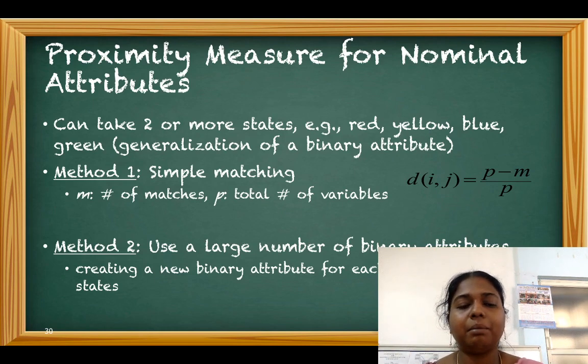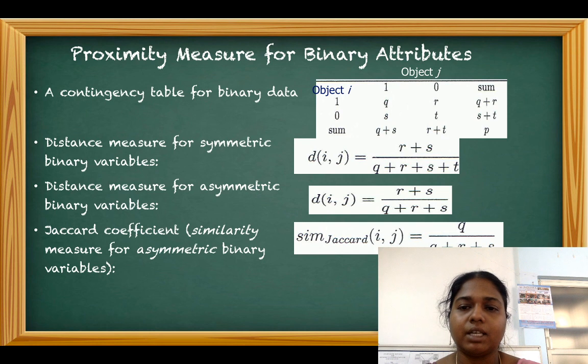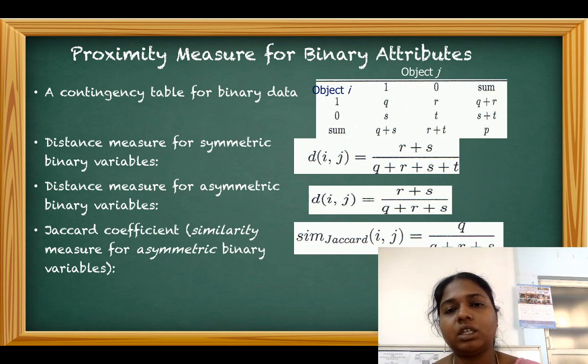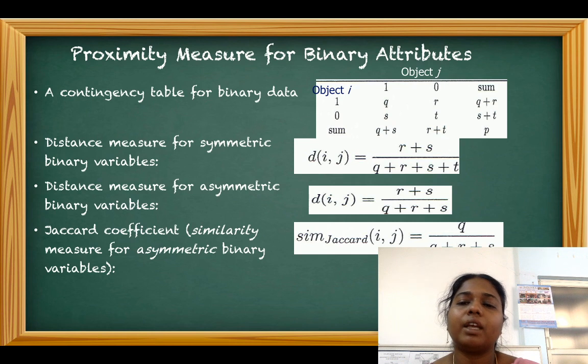The second methodology is to create a contingency table. I'll tell you what a contingency table is. The contingency table involves conversion of the same into binary attributes. I can use the same thing for binary attributes also. A binary attribute can take the value of 1 or 0.